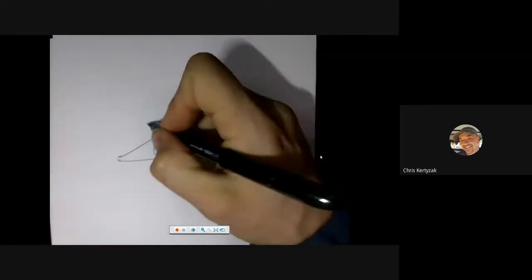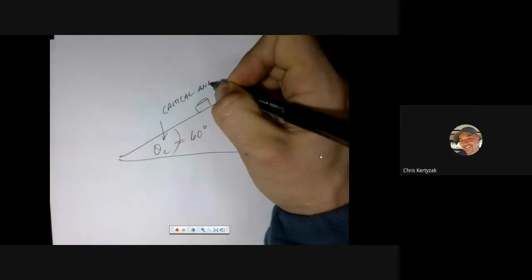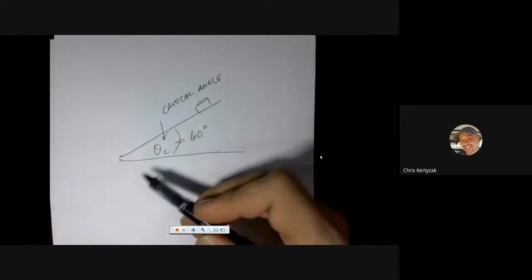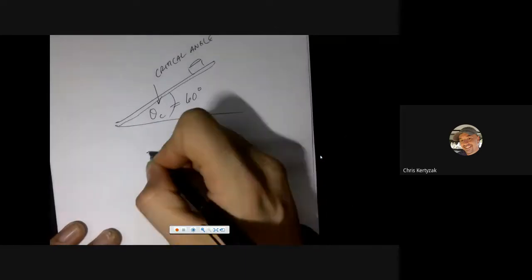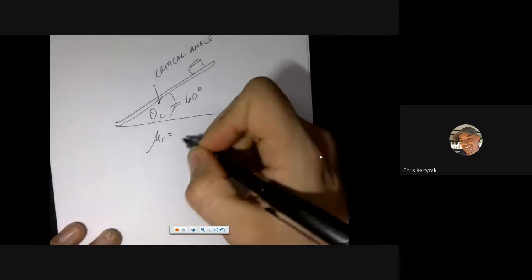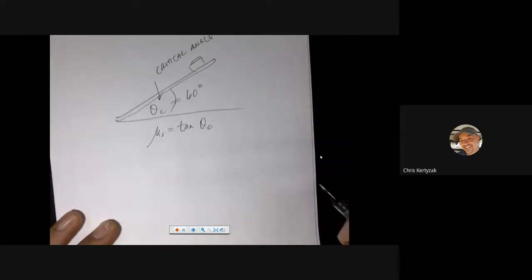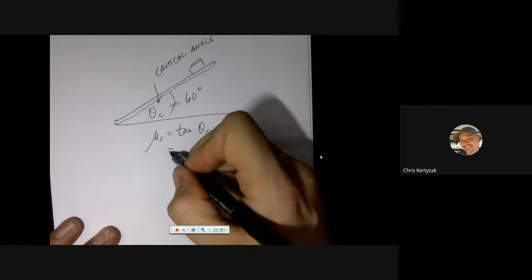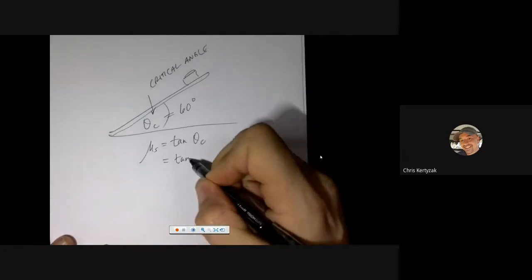And this is at the critical angle again. Experimentally, they look at each other and say, all right, let's calculate the coefficient of friction between, well, I guess it was the plank of wood and the quarter. We know our physics formulas, mu s will be equal to tangent of that critical angle. Therefore, if we measured it at 60 degrees, we would just do tangent of 60 on a calculator.